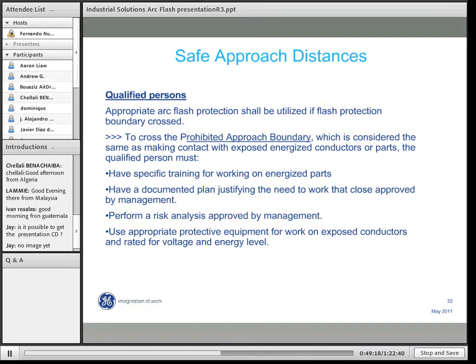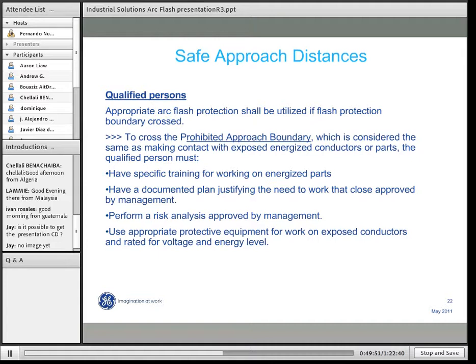Page 23 shows some definitions. The incident energy is the amount of energy on a surface a certain distance from a source of heat generated during an arc flash. It's measured in either joules or calories per square centimeter, where 1 joule per square centimeter is 0.24 calories per square centimeter.